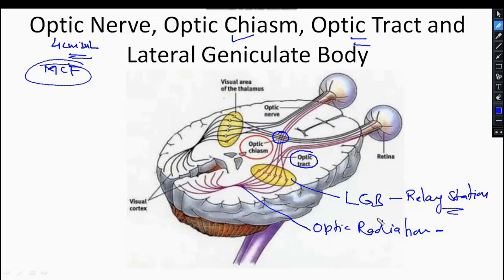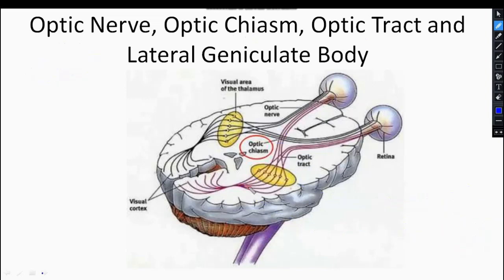This optic radiation finally moves toward the occipital pole, here in the occipital lobe, in this visual cortex. This is also known as the geniculocalcarine tract, that we will see next.